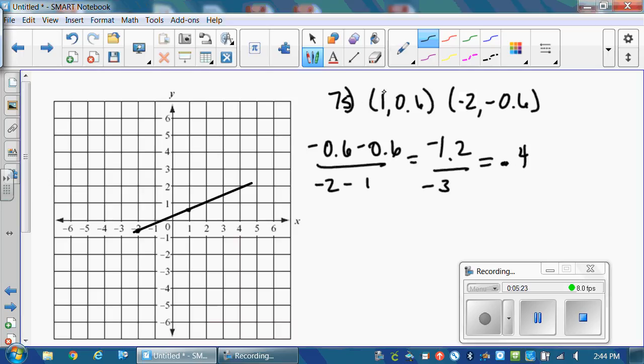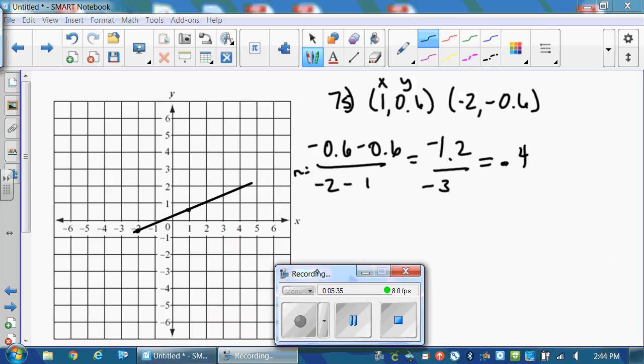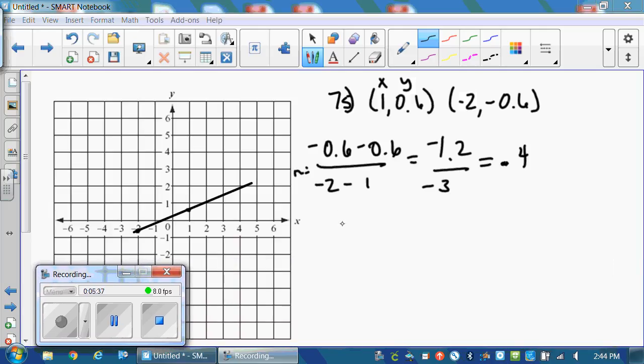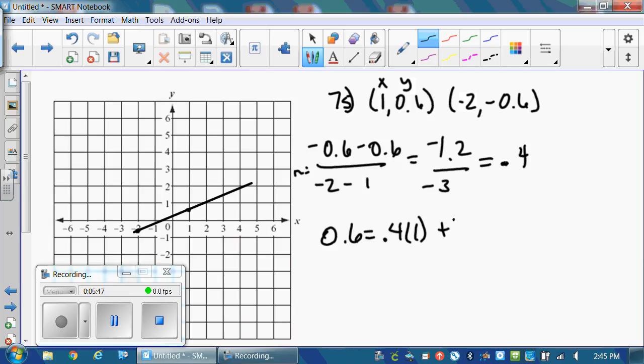So now I'm going to choose one of these 2 points to use for my x and y, and it really doesn't matter which one you do, you get the same answer, because I need 2 things. I need to know m, which I just found, and I need to know b, which I don't know yet. So I'm going to use this point for my x and y. I put 0.6, that's y, equals m times x plus b.